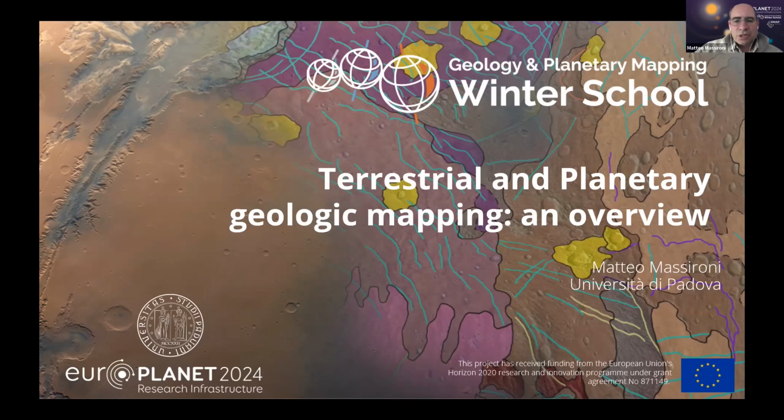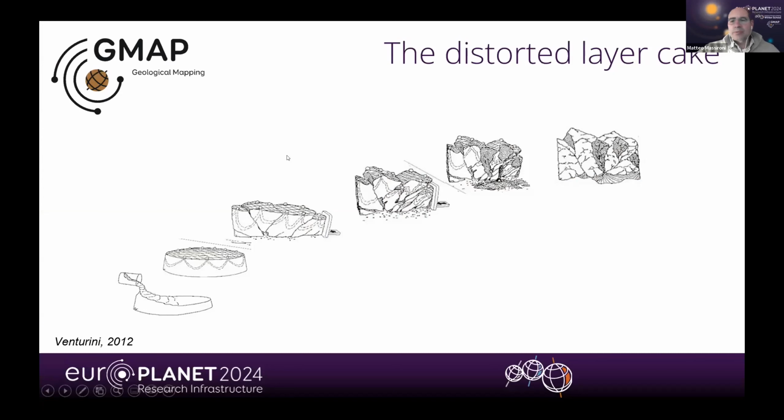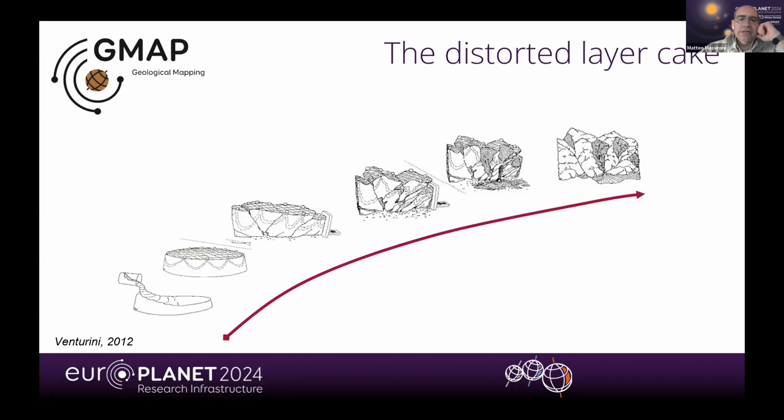So the geological processes on Earth can be described by thinking about a layer cake. We can start forming the layer cake at the beginning, with one layer on top of another layer.